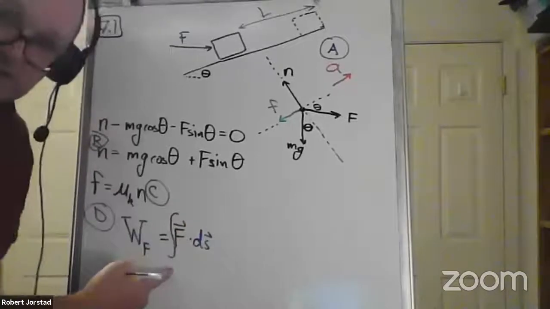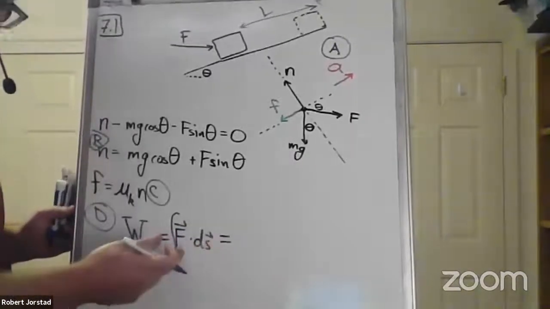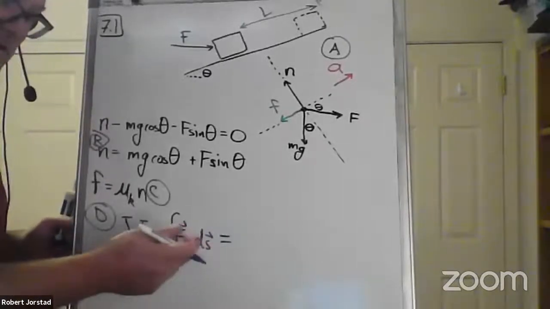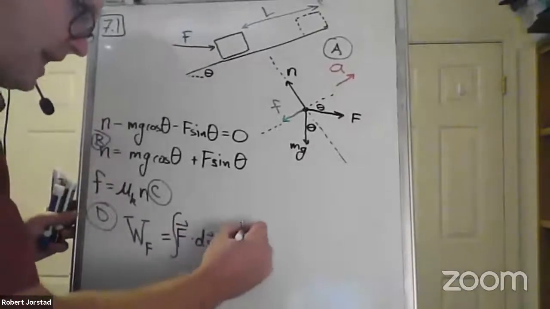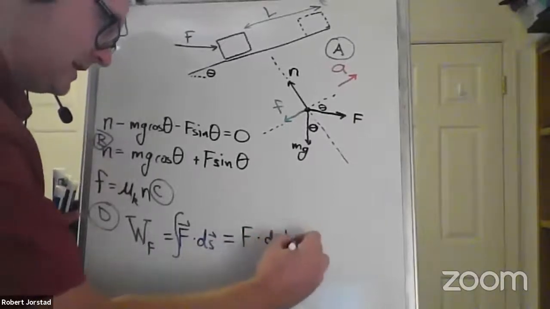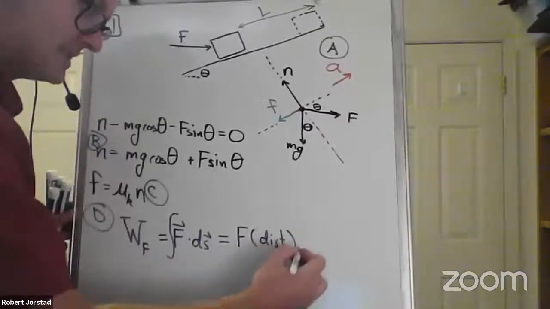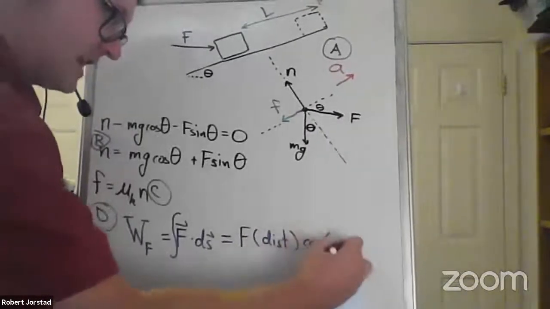We do not want to do this because this is ugly. It's essentially equal to, because F is a constant, we skip right to F times distance times cosine of the angle.